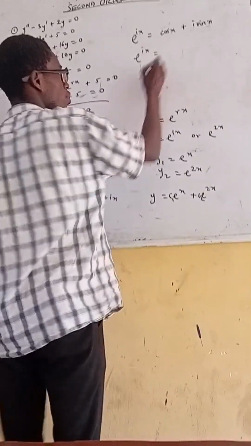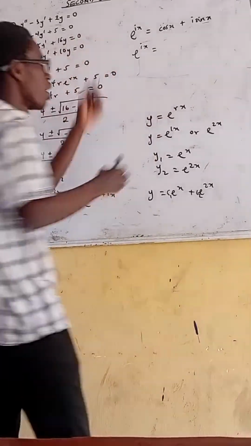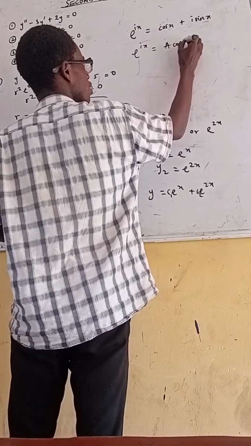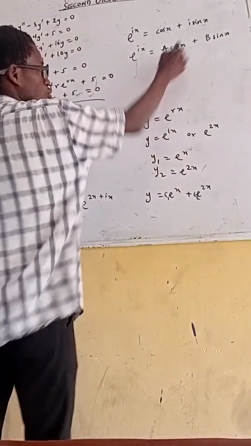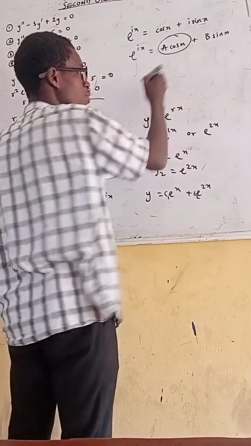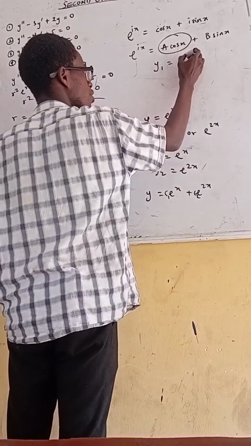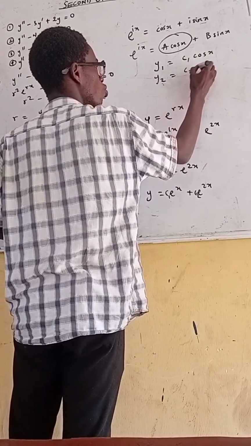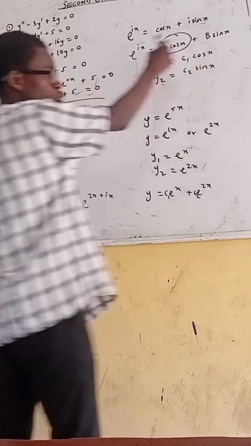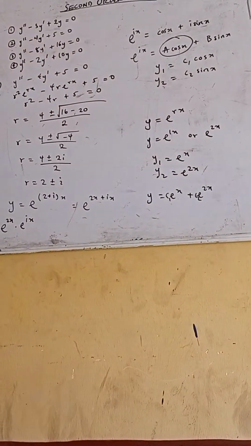In ODE, we take it as a cos x plus b sin x. So this is the first solution. It means y1 equals c1 cos x and y2 equals c2 sin x. Both of them will satisfy this equation.